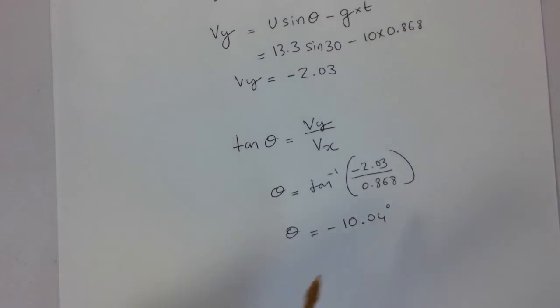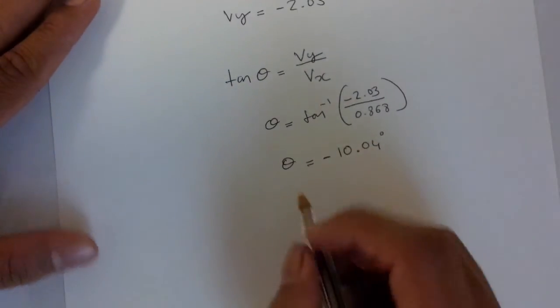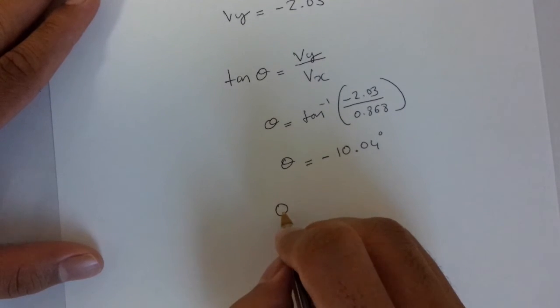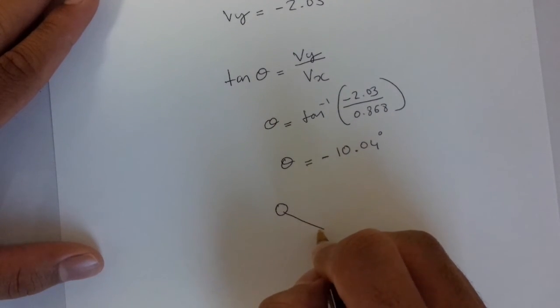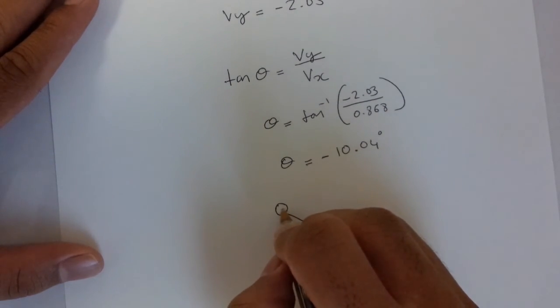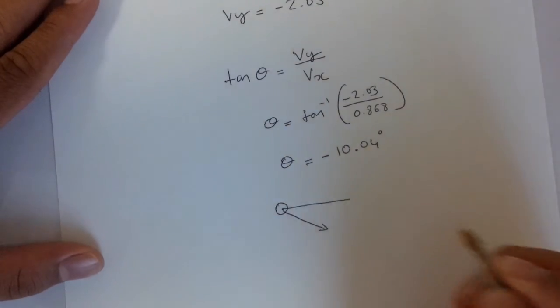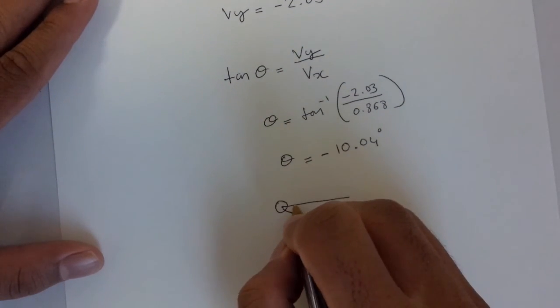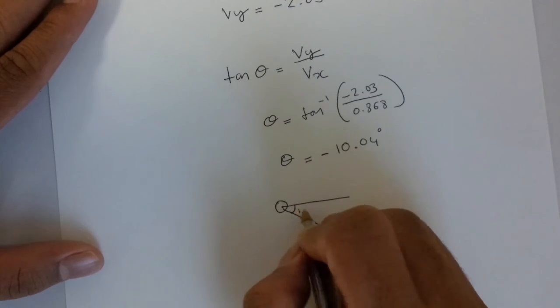The minus sign just indicates that the direction of the ball is downwards and the angle it makes with the horizontal is something like this.